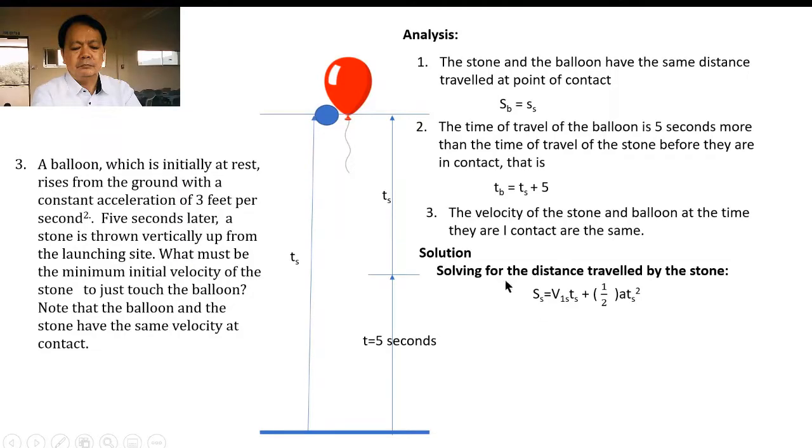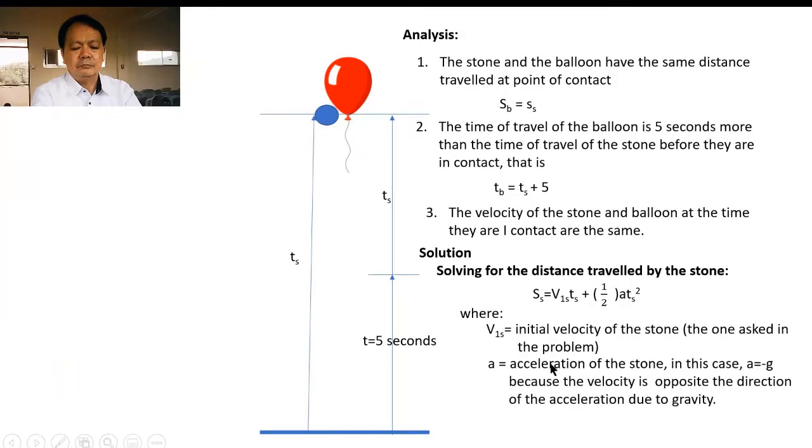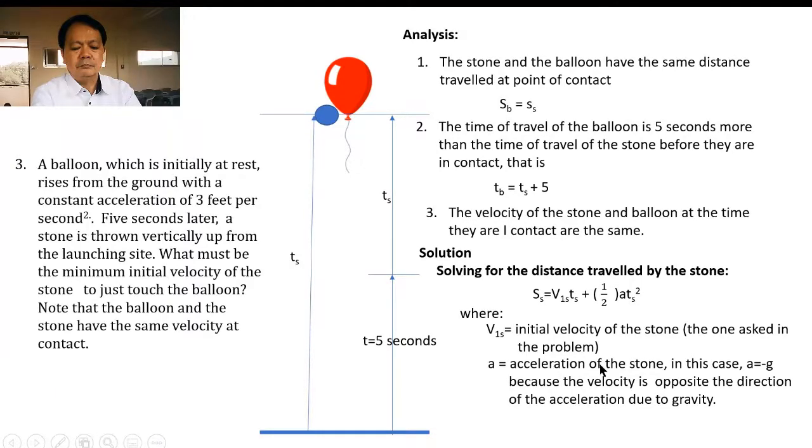So, we can substitute here, no? Na kung saan dito, yung ating v sub 1s is the initial velocity na siya nga yung hinahanap sa problem. Samantalang yung a dito is the acceleration of the stone, and in this case, it is equal to negative g because the velocity is opposite the direction of the acceleration of gravity.